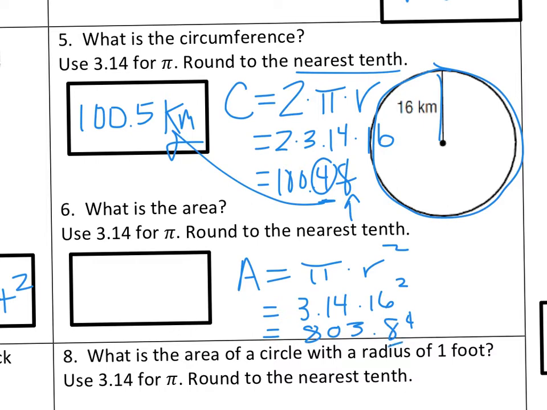And we're going to round to the nearest tenth, so we look at this 4, and that's actually not 5 or greater, therefore we just drop it off. So there's our answer, 803.8, in this case, kilometers, and this is an area, so we're going to put a 2 on it. Circumference is actually just a linear distance as you're walking around, so there is no 2 on that one. All right, let's go over to number 7.